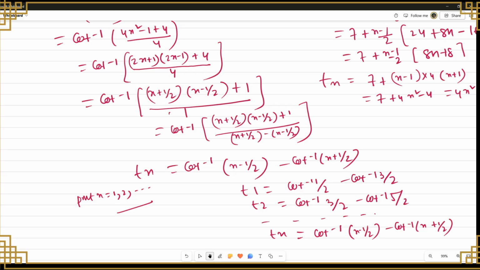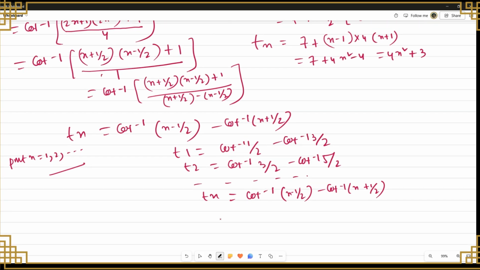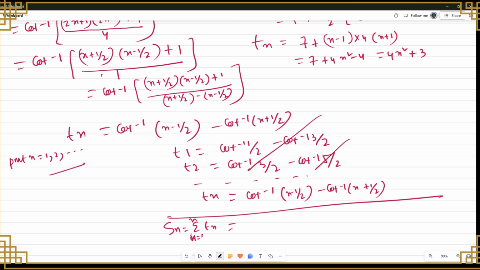Now if you add all these, let us add n terms first. So Sn is Sigma Tn, n equal to 1 to n, and all these get cancelled this way. Cot inverse half and n plus half.